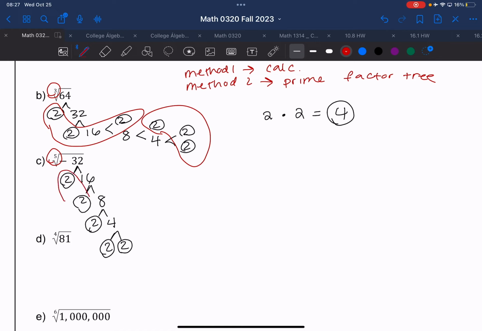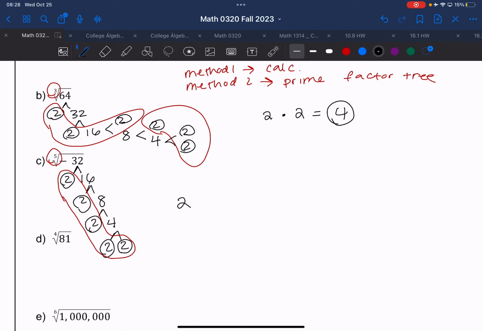So when I circle my pairs of 5, how many pairs do I have? 1. So that means the only number I'm pulling out is what? 2. Okay. However, we can't say that the answer is just 2. Because if we did 2 times 2 times 2 5 times, would we get a negative 32?